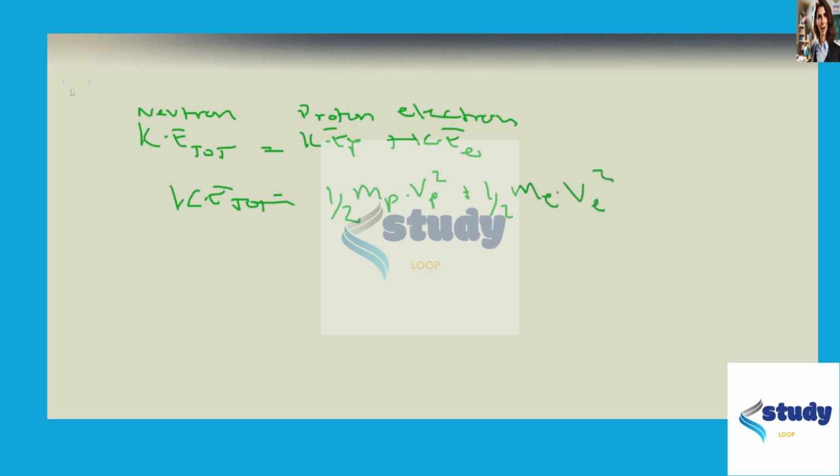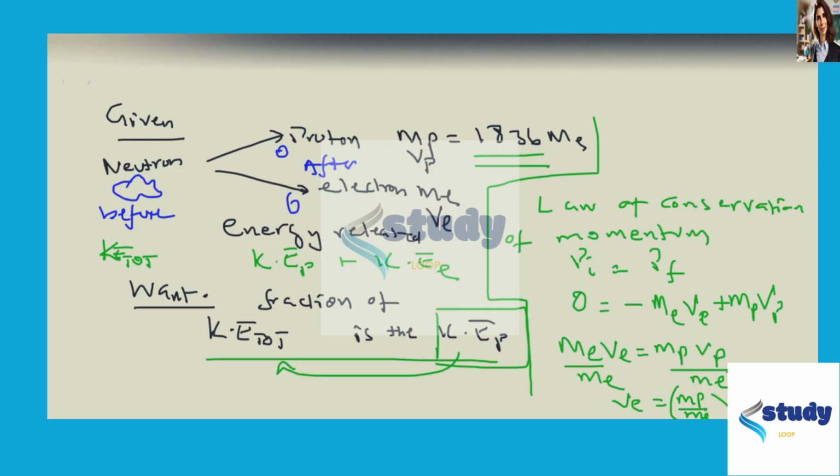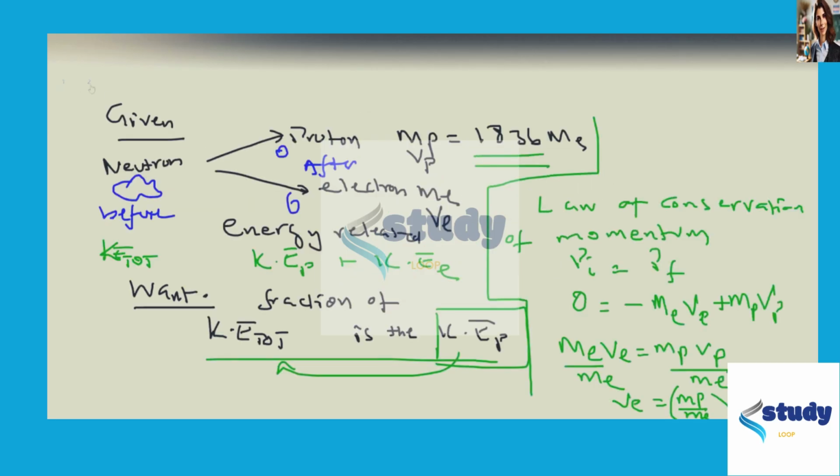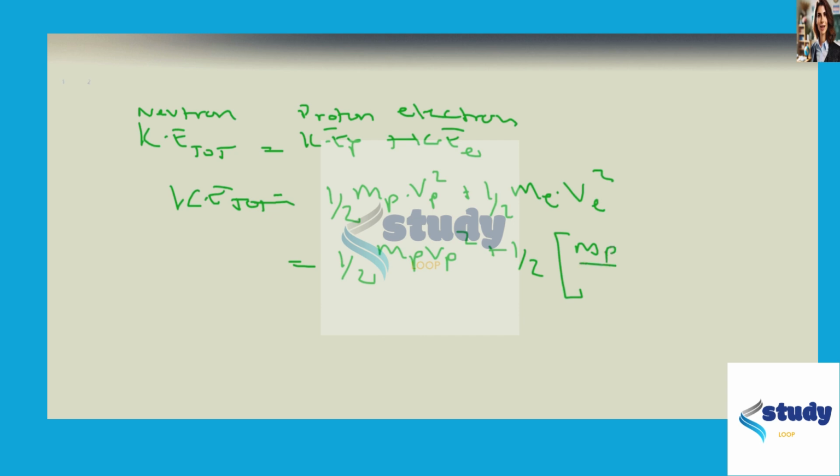Remember, previously we got the velocity of the electron, and we can do the replacement: this is equal to 1/2 mass of proton, velocity of proton squared, plus 1/2 mass of the electron times the ratio of the mass of the proton and the electron times the velocity of the proton.